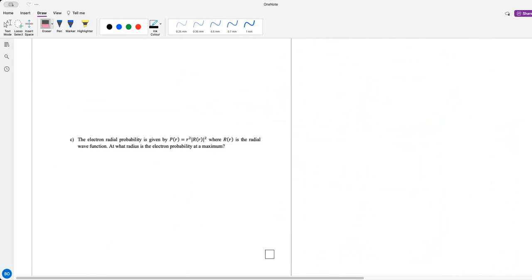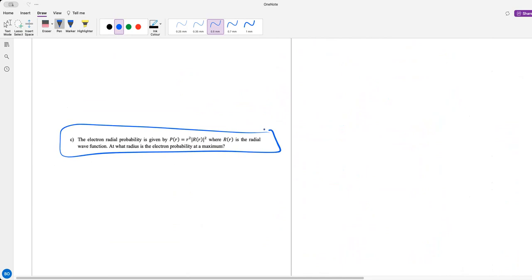The electron, okay, this is also very good. We did not cover it in class, but it's a very easy concept. So the radial probability is given by this quantity. If you want to calculate the radial probability of an electron in an atom, you use this. The radial probability is equal to r squared times R squared, where r is the coordinate of the electron, not the radius, and R is the radial function.